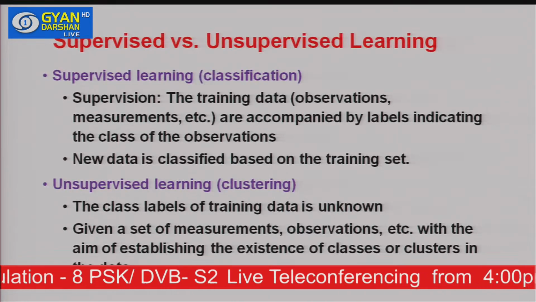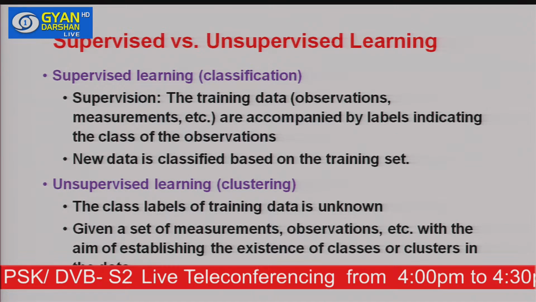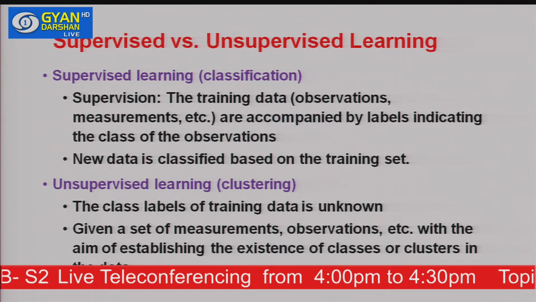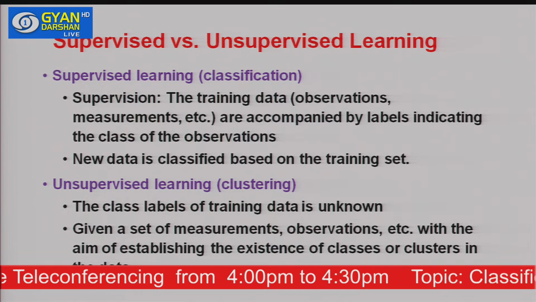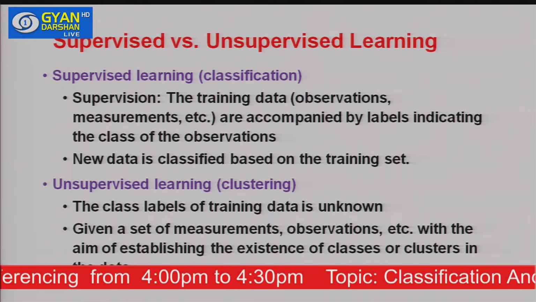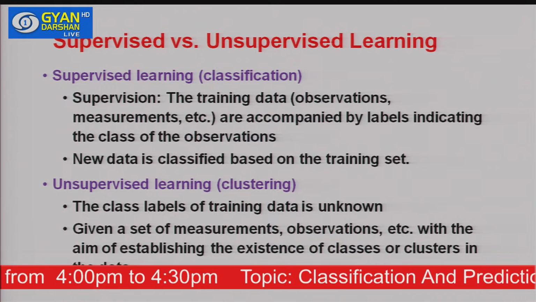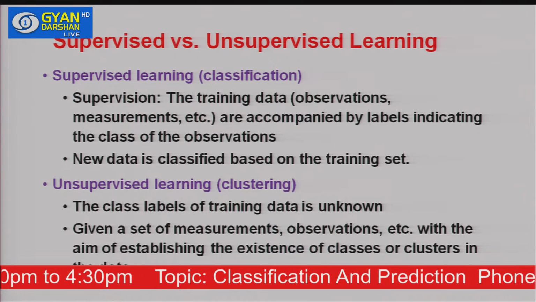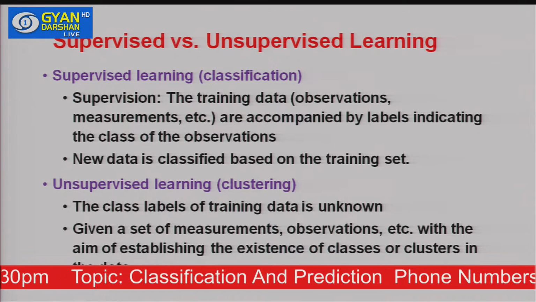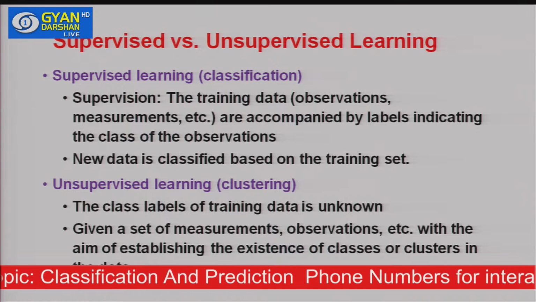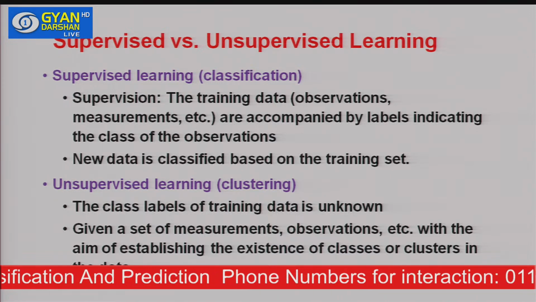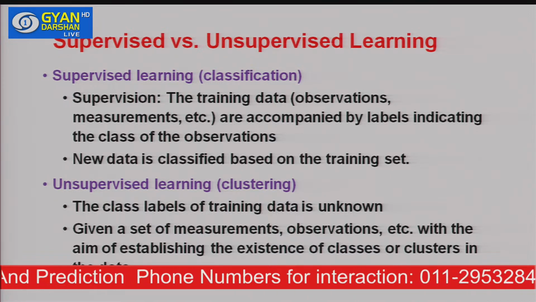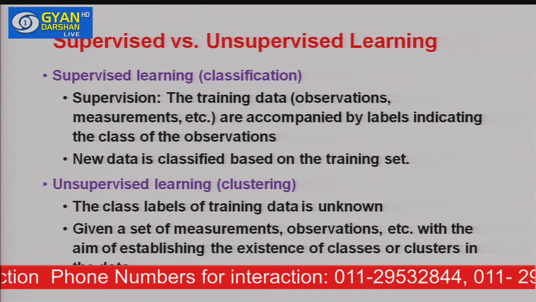In all these applications, the machine is trying to predict. Whenever the machine is trying to predict, we have to train the system. We have to give some kind of training data set to the machine, and based on that training data set, we try to predict the future.